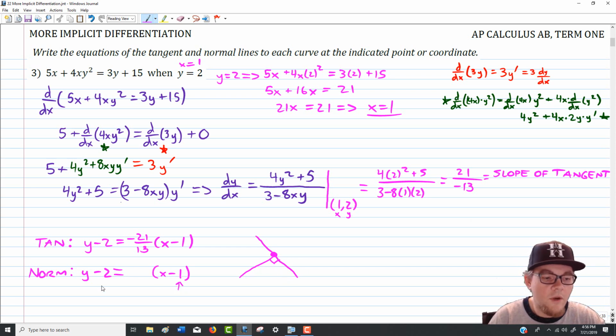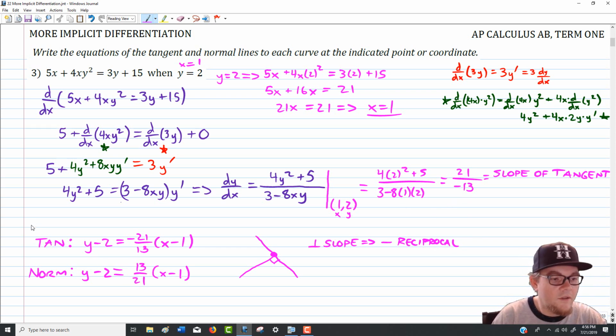So since it has to go through the point of tangency, we maintain that exact same x1 and y1 respectively. And for our slope, we end up with the perpendicular slope. So perpendicular slope, if you'll recall from Algebra 1, tells you that we get the negative reciprocal. So in this particular case, the negative reciprocal is going to be positive 13 over 21. And there is our normal line.